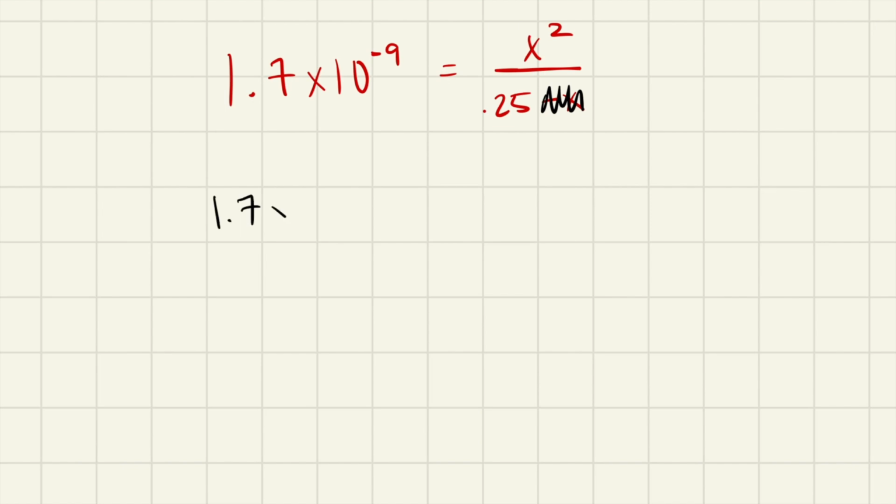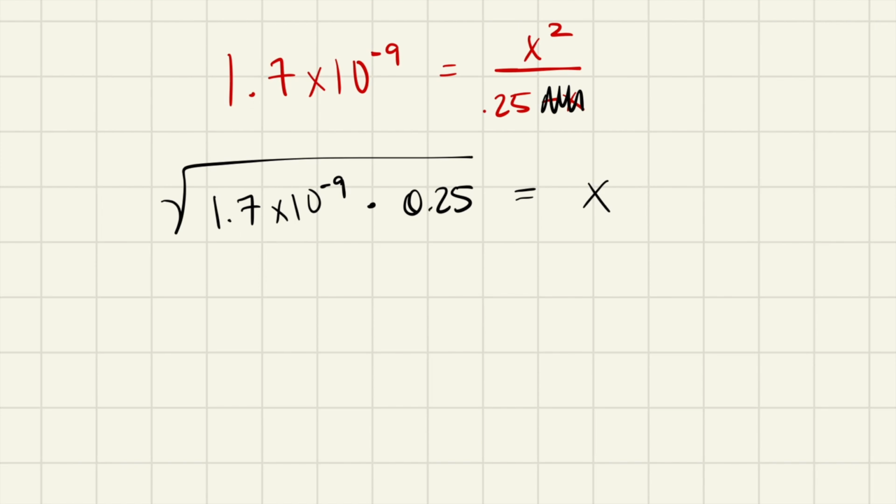So we have 1.7 times 10 to the negative ninth multiplied by 0.25 under our square root will give us our x. Now technically, if you're thinking about in math terms, there should be a plus or minus there, but there is no such thing as negative concentrations, and so this will be the positive answer. And if you plug this into your calculator, you should get x would be equal to 0.06 times 10 to the negative fifth.